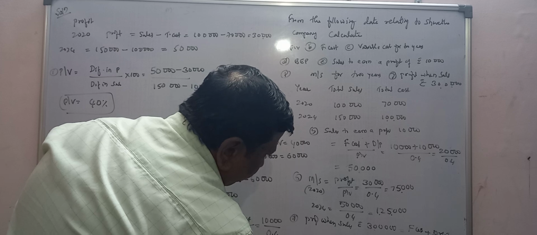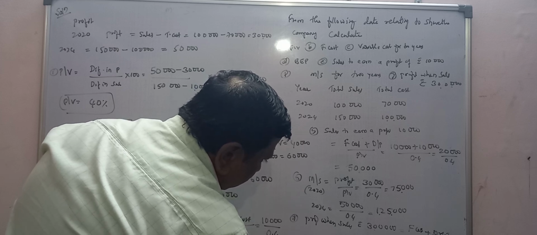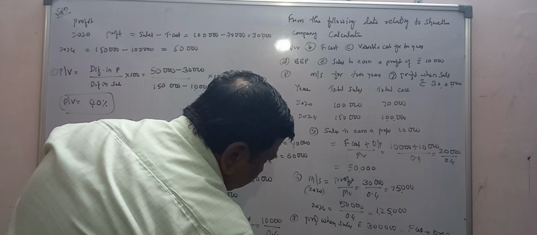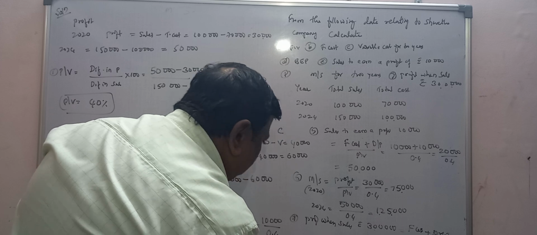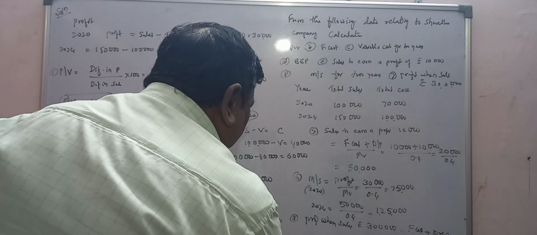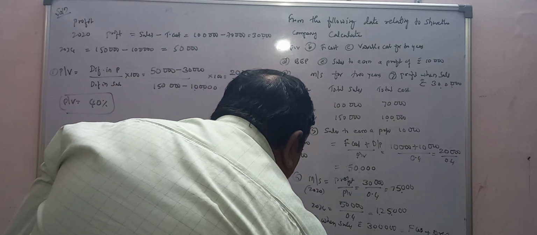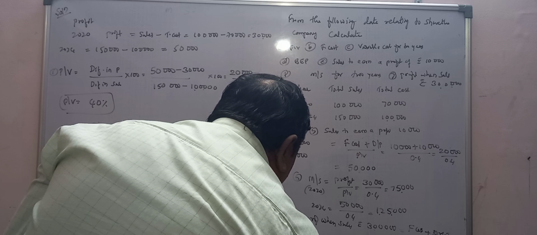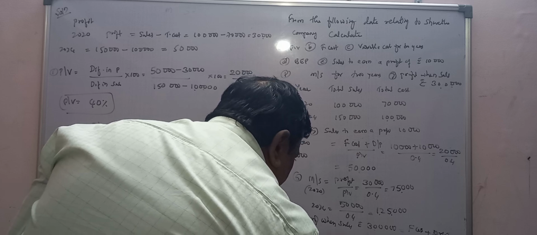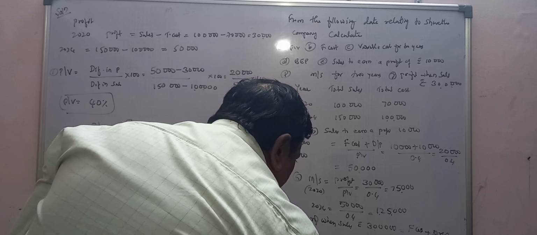So if I multiply 3 lakh into 0.4, 1 lakh 20, that's correct. 1,20,000, this becomes minus, that is 10,000.